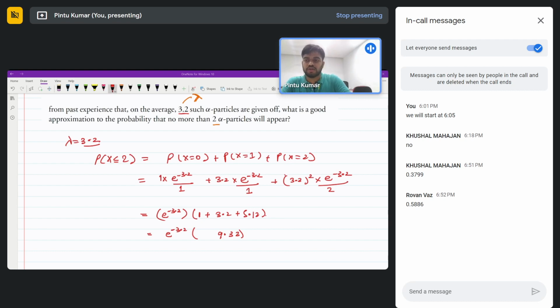I'm using a calculator here, I'm not calculating those values. This is 0.0407 something. 0.0407 into 9.32 is 0.3799. Yeah, Rowan, you were correct.